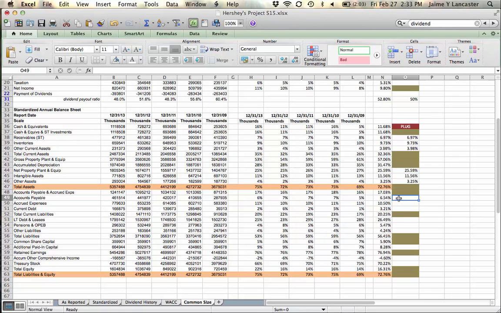In the absence of a major trend, they get forecasted as a percentage of sales. Right? Accounts payable seems like a reasonable average. Accrued expenses, a reasonable average. Current debt, that seems reasonable. Long-term debt and leases, that seems reasonable.